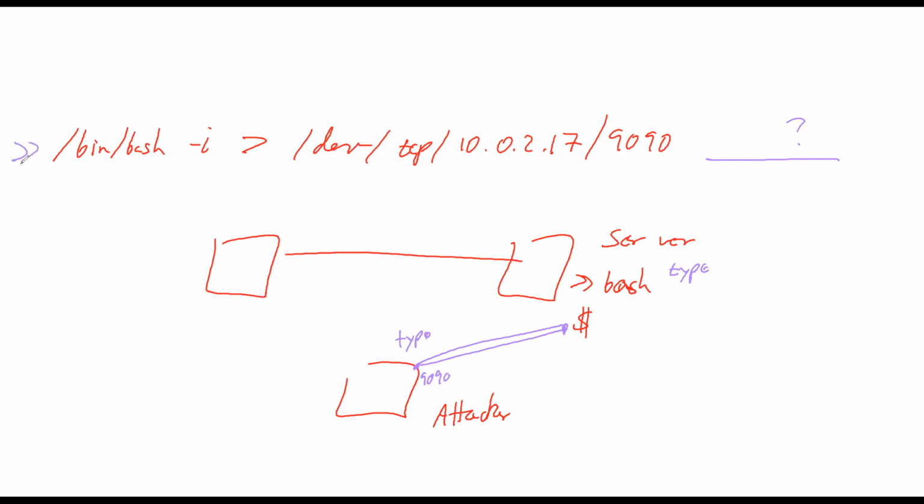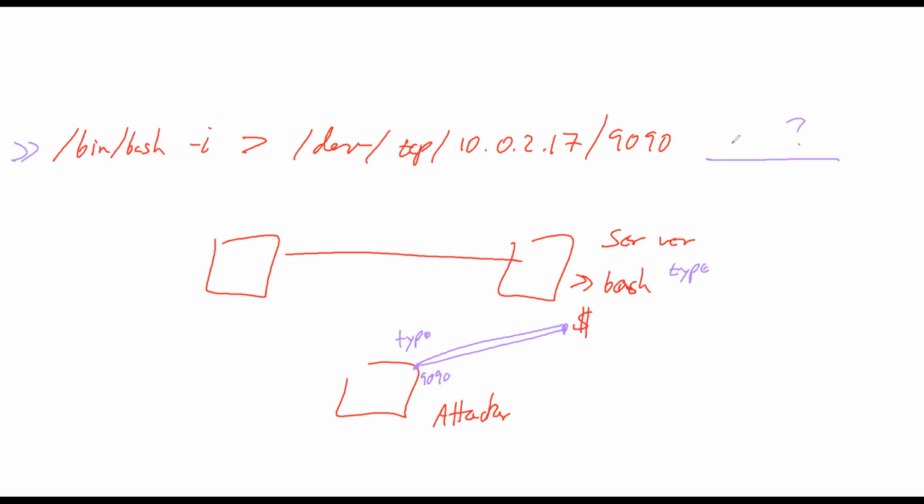But this whole thing is not enough, because the bash program uses both standard output and standard error devices for output. So we also need to redirect the standard error device to the TCP virtual file.